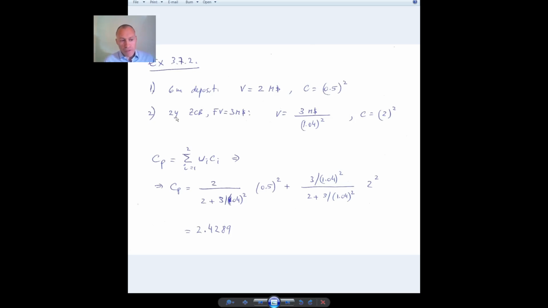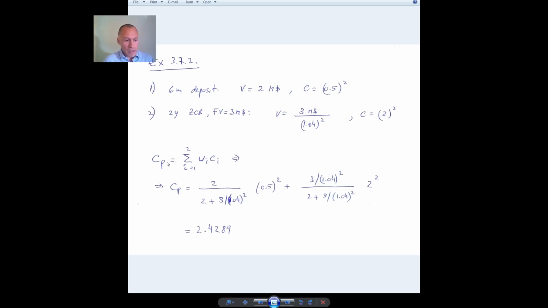Then we also have the 2-year zero coupon bond, or the 2-year strip, with a face value of $3 million, which has a current value of the present value of the 3 million. So 3 million discounted at the rate of 4% with annual compounding. So that would be the value of the bond today. And the convexity, this is a zero coupon bond, so it's just 2 years squared.